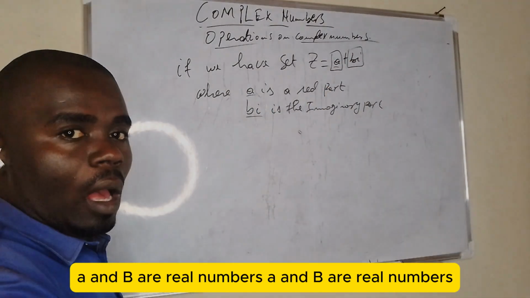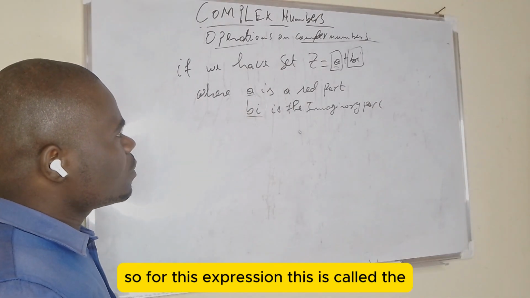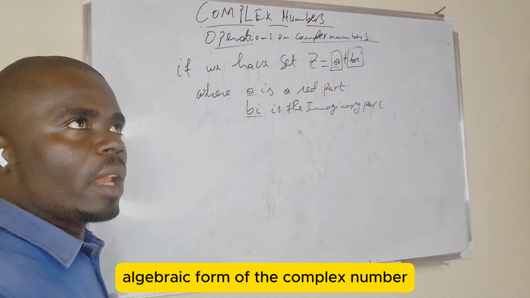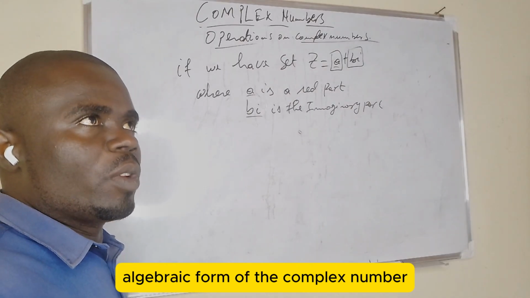This expression is called the algebraic form of a complex number.